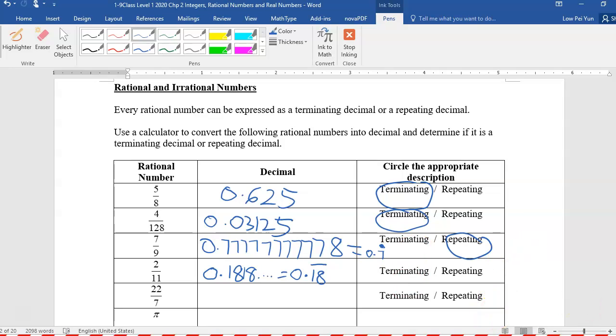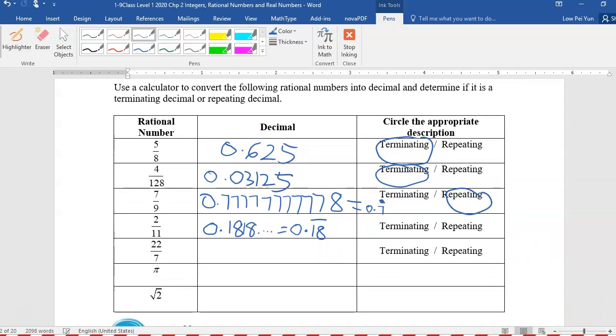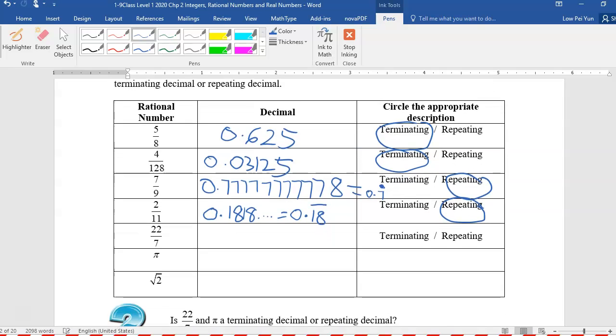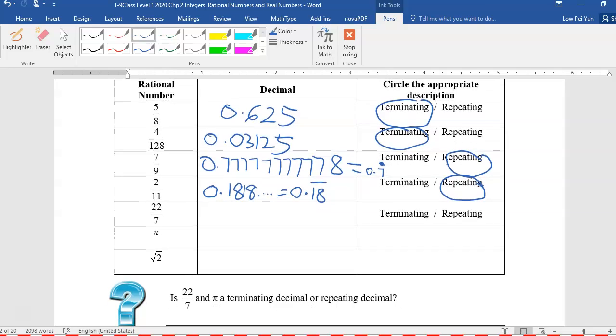What about 22 over 7? Call someone. Repeating, thank you. Yeah. So Brent is still writing down. We give him some time. Okay, call someone. Brent not ready.